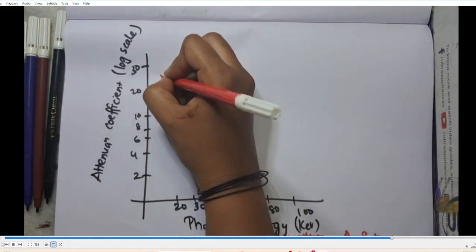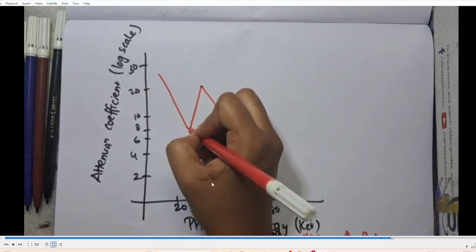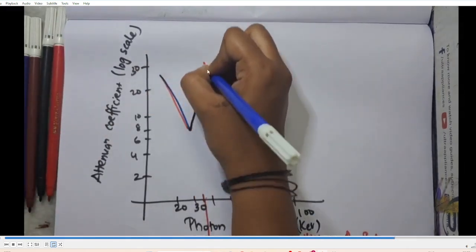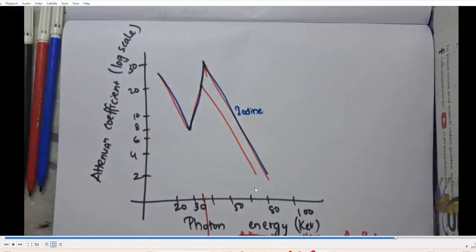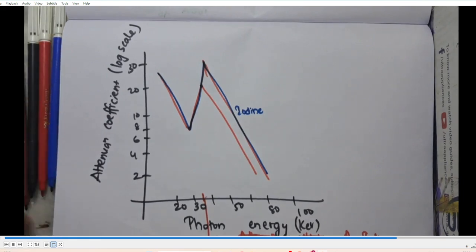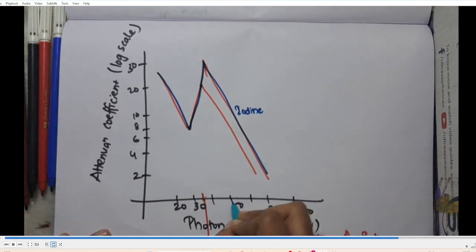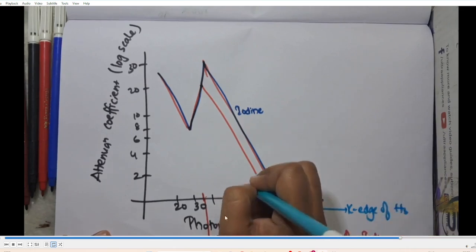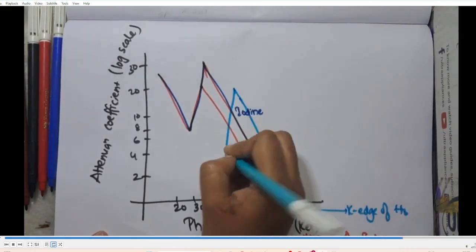If you see, the attenuation coefficient of iodine dramatically increases at around 33.17 kilo electron volt, and then decreases with an increase in photon energy. Similarly, we can draw a similar graph for holmium at 55.6 kilo electron volt.